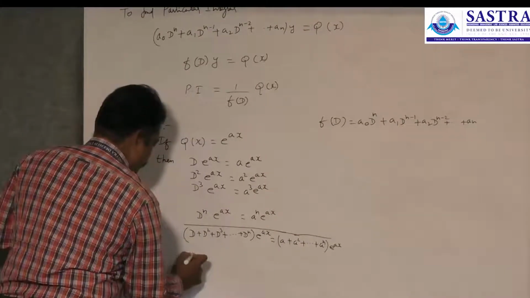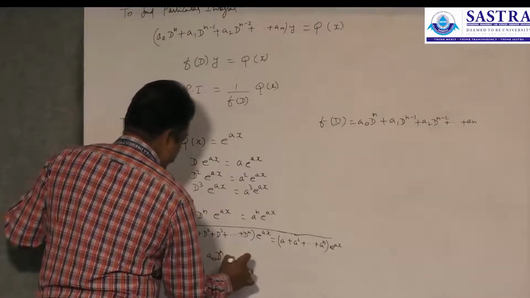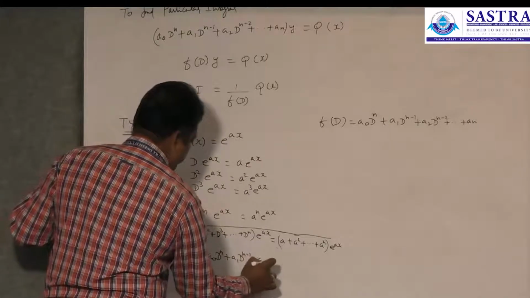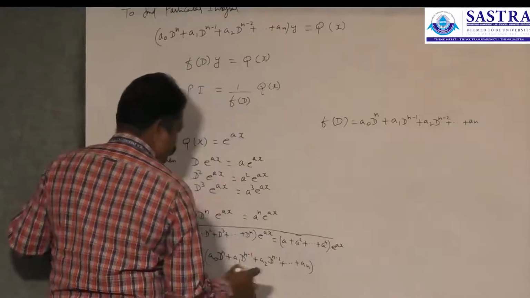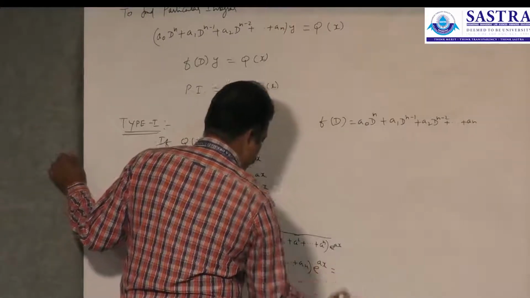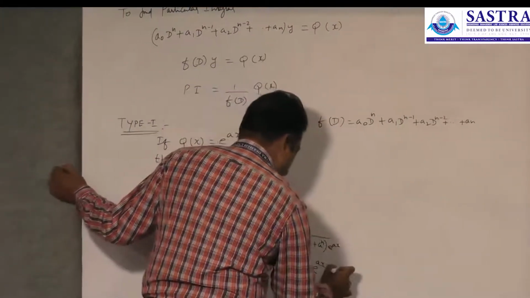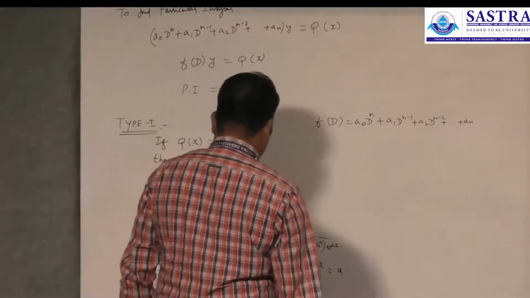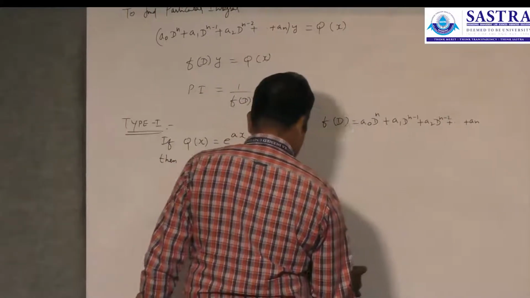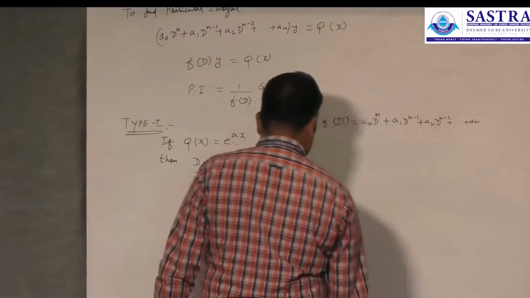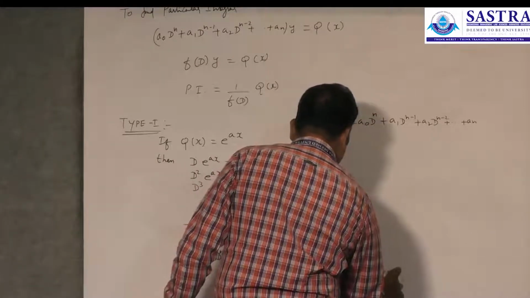So from this we get (a0 D^n + a1 D^(n-1) + a2 D^(n-2) + etc. + an) e^(ax) is equal to (a0 + a1 a + a2 a square + etc.) e^(ax).